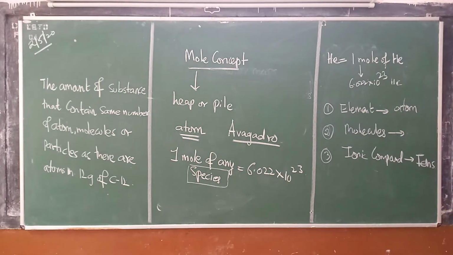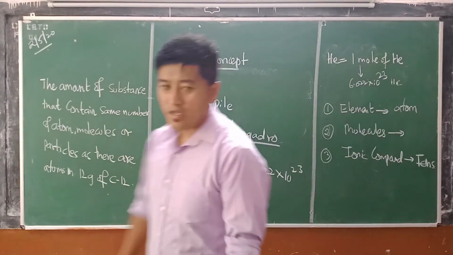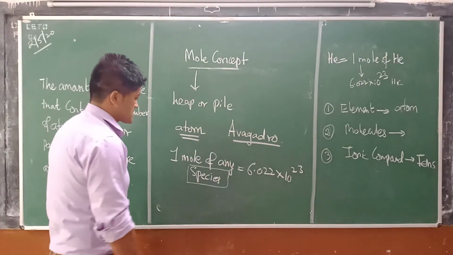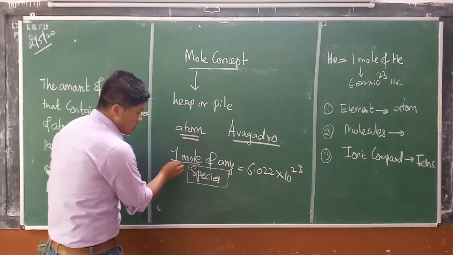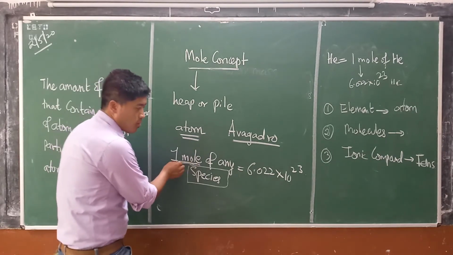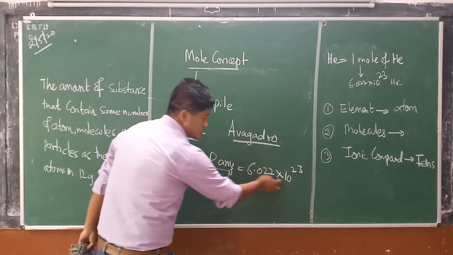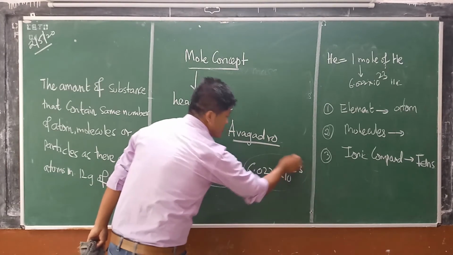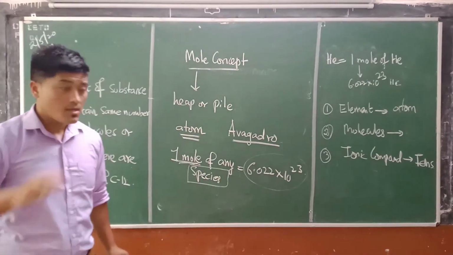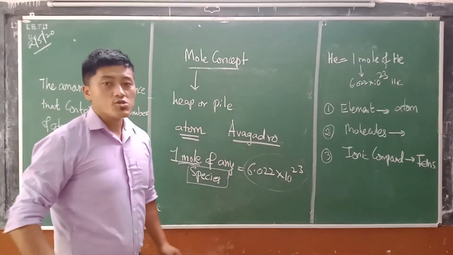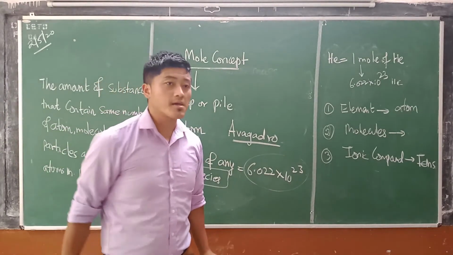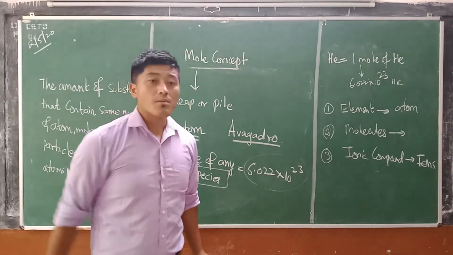Is that clear? So in short, if I conclude here, generally 1 mole is equal to 6.022 into 10 raised to power 23. That number is present. Now it's okay if you go to a supermarket and say, can you please give me 1 mole of chocolate?